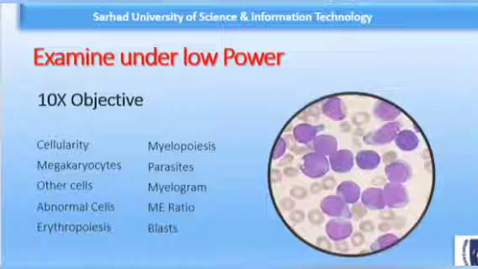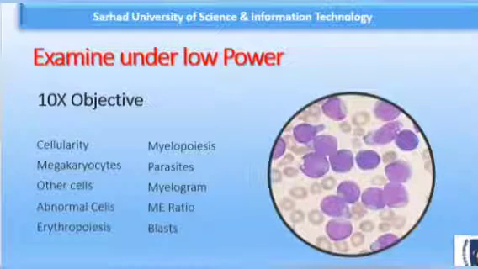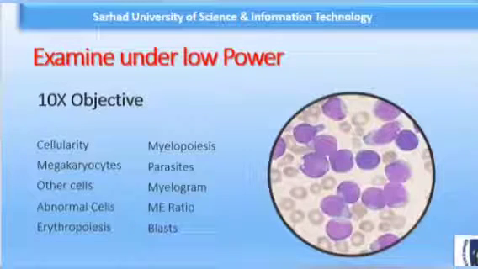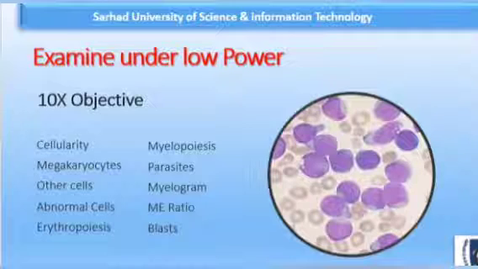Now examine under the microscope, and it's the most important thing. First, examine the selected slides under low power, that is the 10x objective of the microscope, and note the following things: cellularity, megakaryocytes, other cells like osteoblasts or macrophages, abnormal cells like LD bodies, erythropoiesis, myelopoiesis.